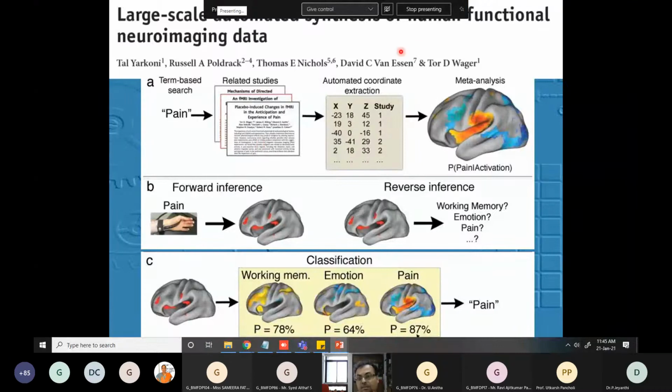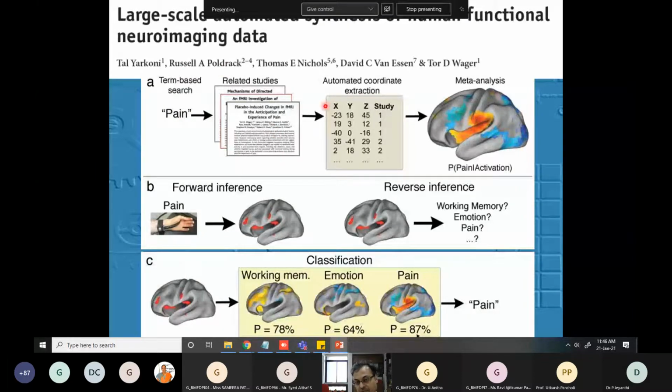There is an even better approach known as the big data approach. This is a large-scale automated synthesis of brain imaging data. This has already been there for about 8 years. What they did is take a term like pain and find all related studies.